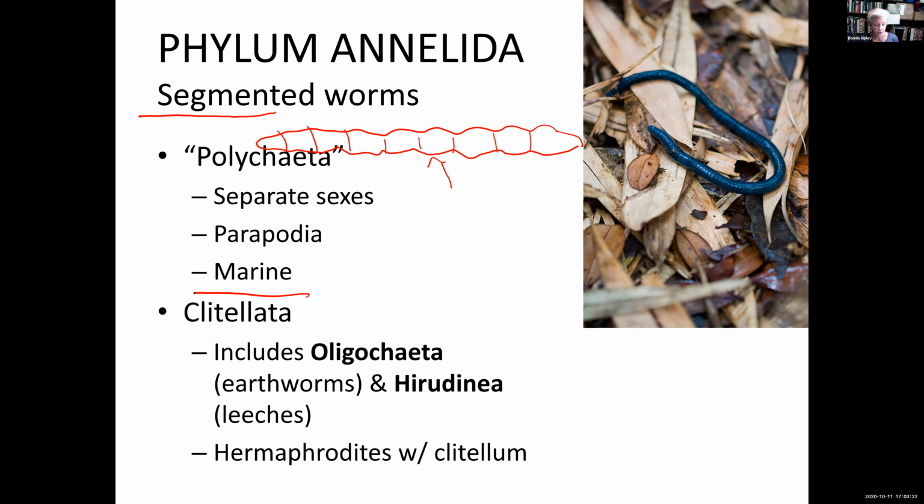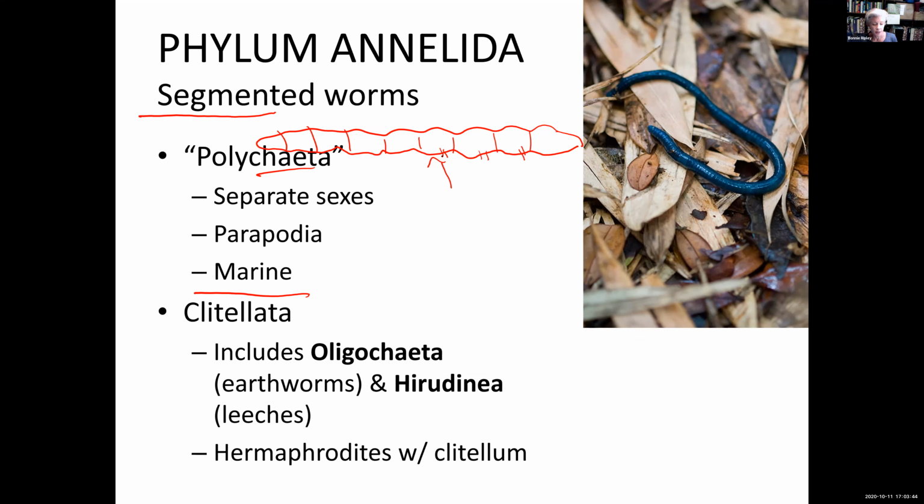So a characteristic that is ancestral in the segmented worms is the chaetae or setae. And when we have polychaetes, they have many of these setae. Setae are little hairs that stick out along the edge of the body of the animal.